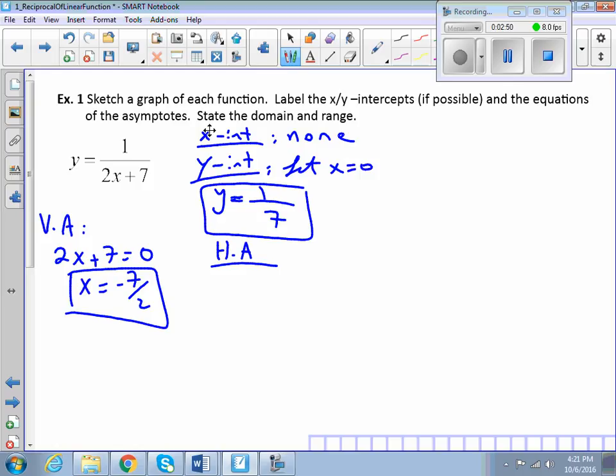If x is a very large number, say I sub in a million here, 2 times a million gives 2 million, and adding 7 really doesn't have any effect. So my denominator overall is going to be a very large number. What is 1 divided by a very large number? A very small number. Exactly. That very small number is really close to 0. So my horizontal asymptote is at y equal to 0, which is the x-axis.